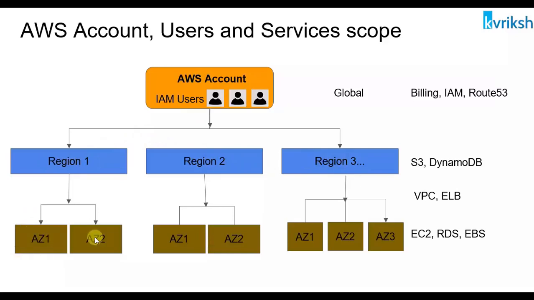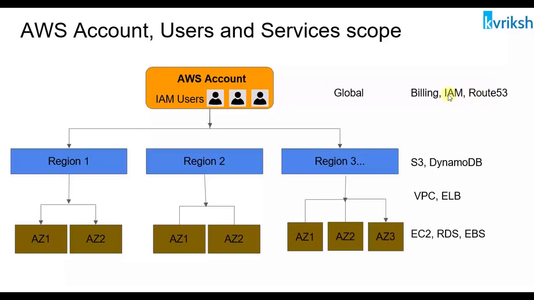Now in AWS there are different services, and they have different scope with respect to region or AZs or account level. For example, say billing service, it works at an account level. That means at the end of the month you get one AWS bill which you have to pay.